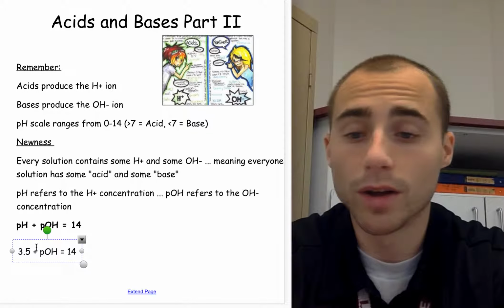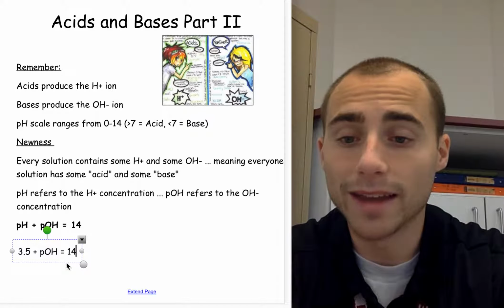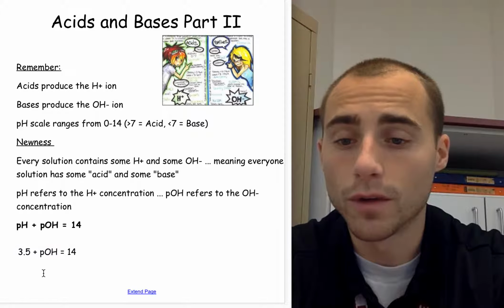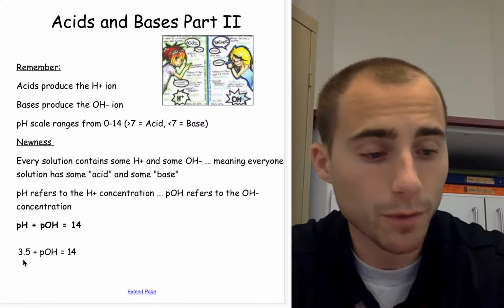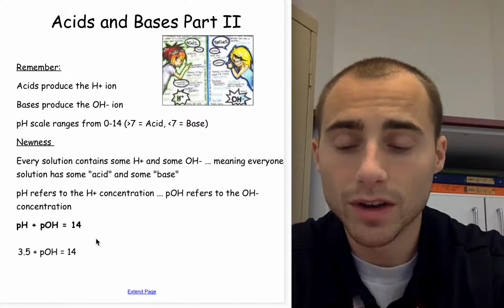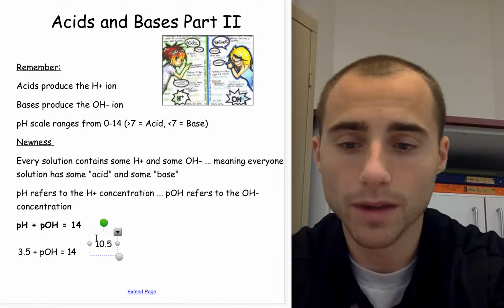What is its pOH? Well, you can put 3.5 here to represent pH, and you know the answer has to be 14. So all you would need to do is subtract 3.5 from 14. 14 minus 3.5. The pOH of Coca-Cola in this case is going to be 10.5.